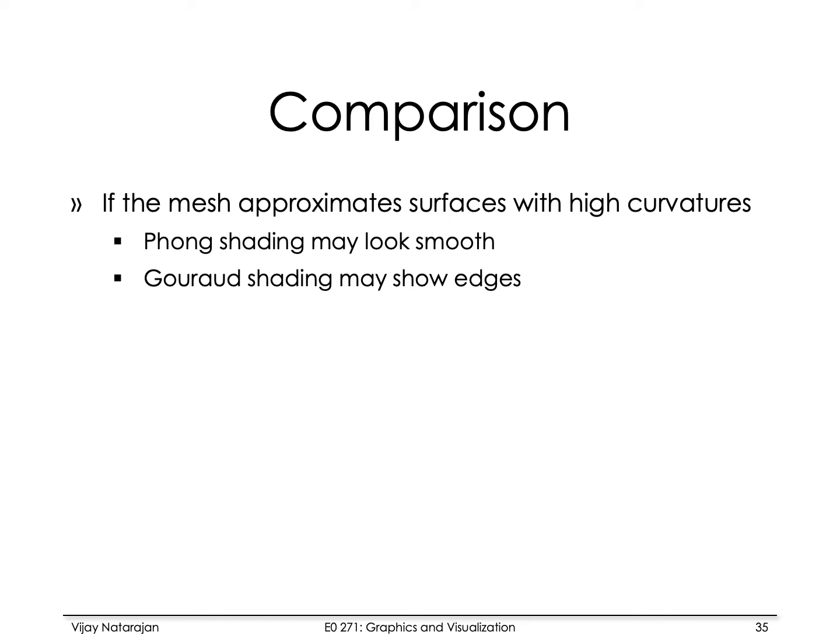Because you are approximating a large part of that surface using a triangle with a flat shading within that triangle. So essentially you are using the same normal within that entire triangle.